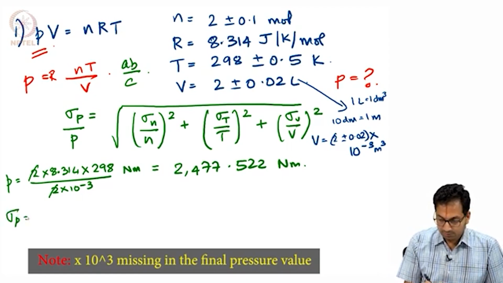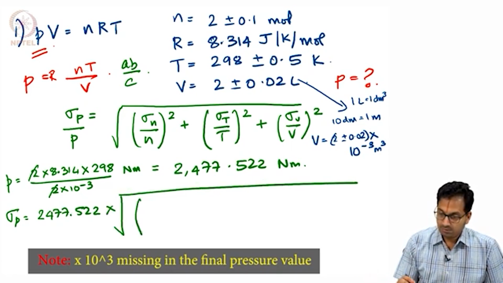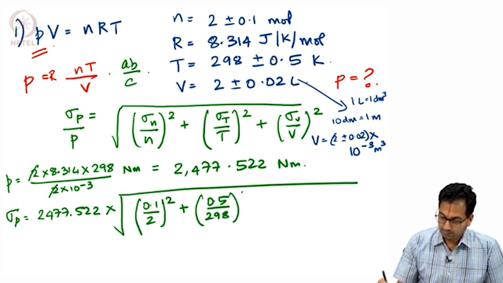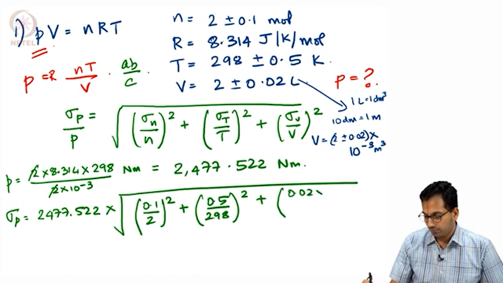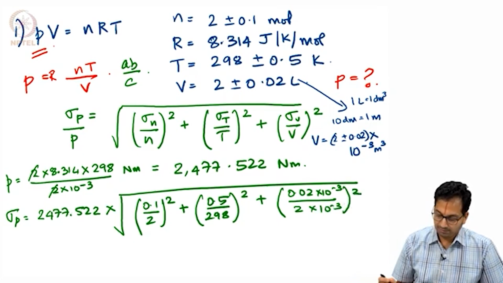So, now let us calculate what sigma P is. Sigma P now is going to be given by 2477.522 times the square root of 0.1 by 2 the whole square plus 0.5 by 298 the whole square plus 0.02 into 10 to the power of minus 3 divided by 2 into 10 to the power of minus 3 the whole square.